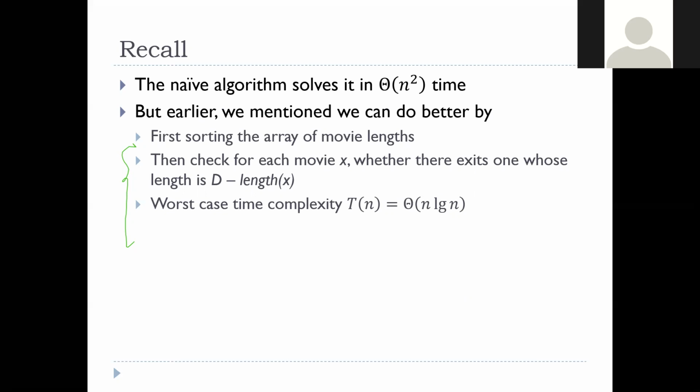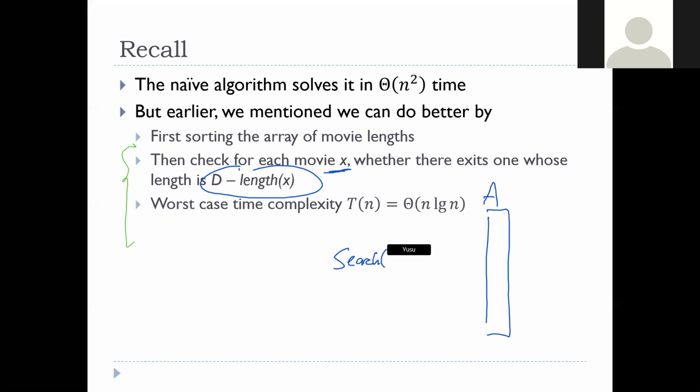After we sort them from small to large, given each movie X, you can check whether there's another movie whose length adds up with the length of X to D. That means the other one has to have length D minus the length of X. So given each movie X, you simply go to the sorted array A and search whether you have another movie whose length is D minus the length of X. You simply perform a search in this array.